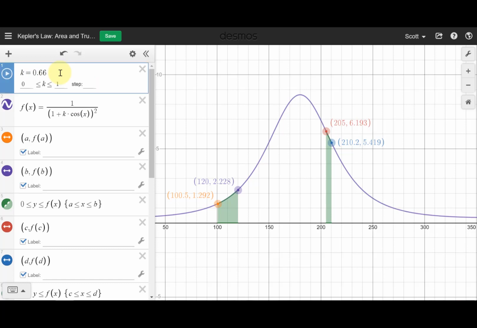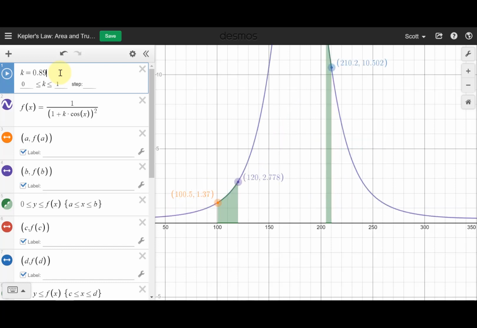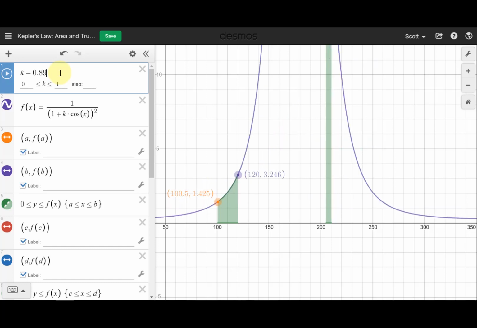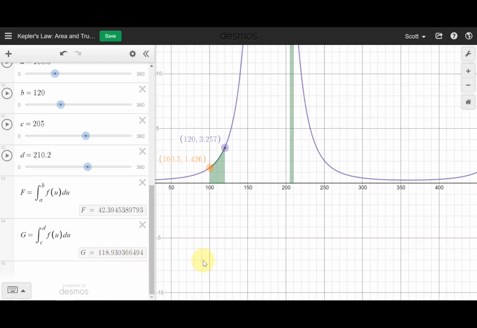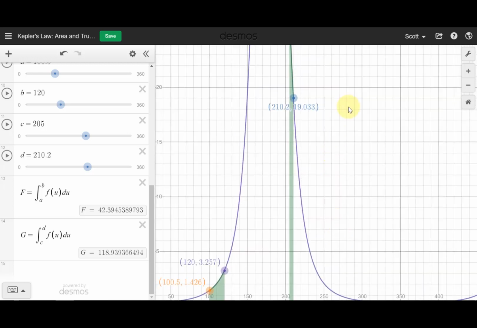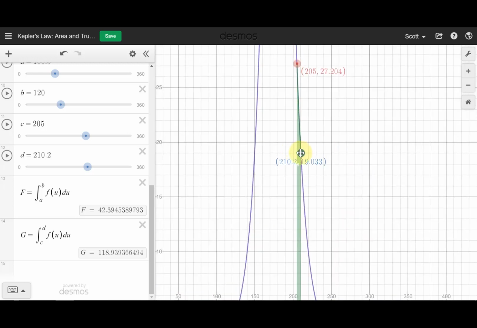We had a different elliptical orbit. It was 0.89183, and so now they would totally not take the same amount of time. I have to make the time interval much smaller to make it the same.